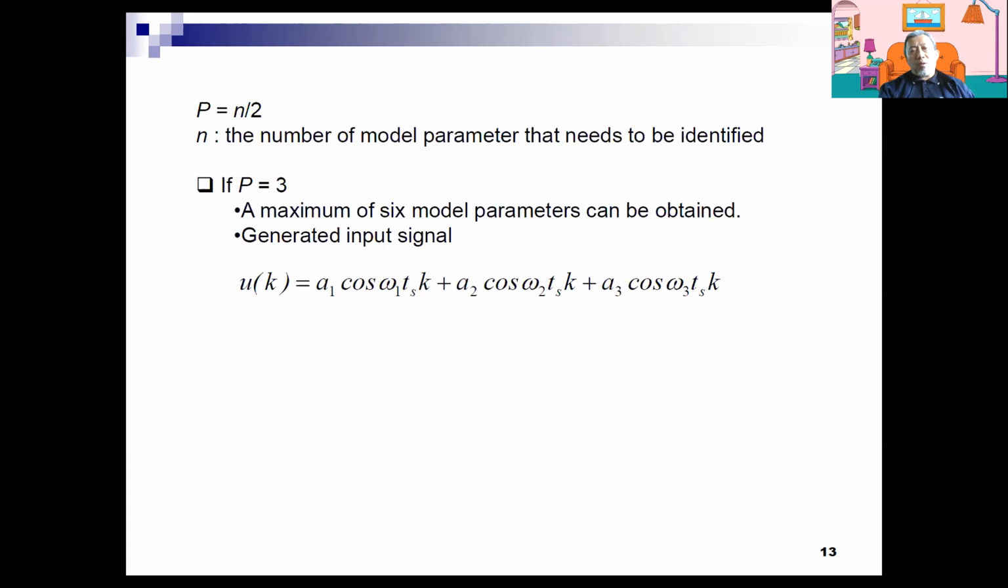So that's why we have to use 3 frequencies, which are omega 1, omega 2, and omega 3, with amplitudes A1, A2, and A3, with the same sampling time Ts. The K is the sequence number, which starts from 0, 1, 2, 3, and so on, in the input signal U.